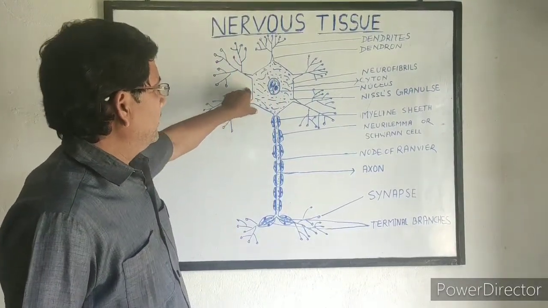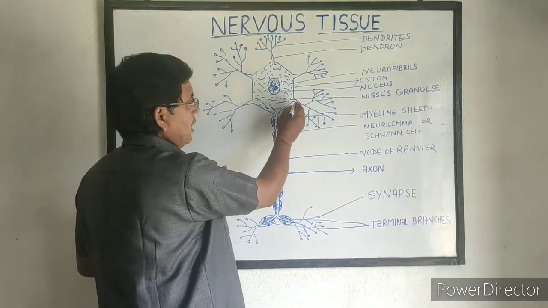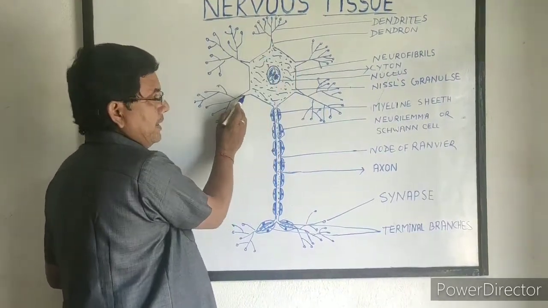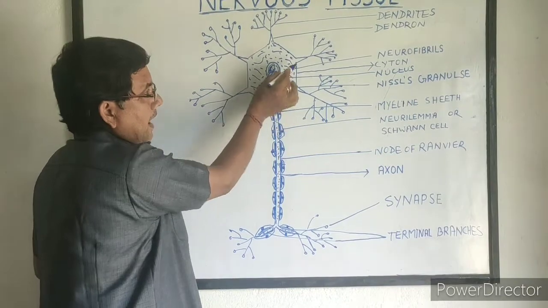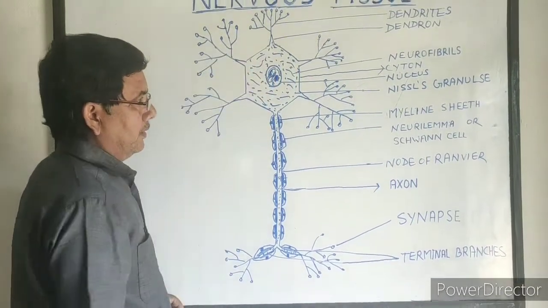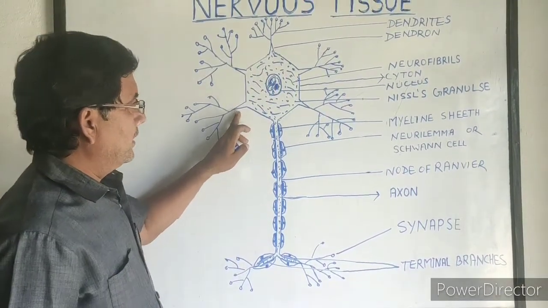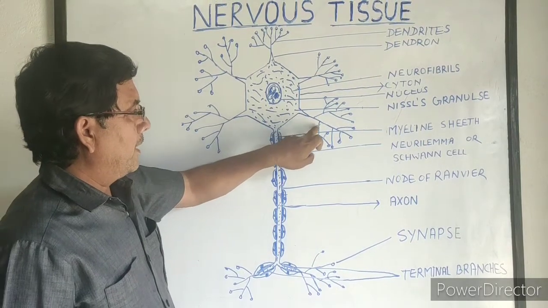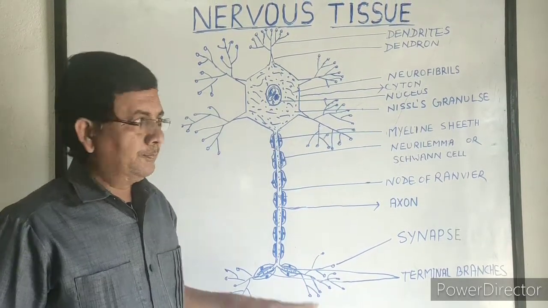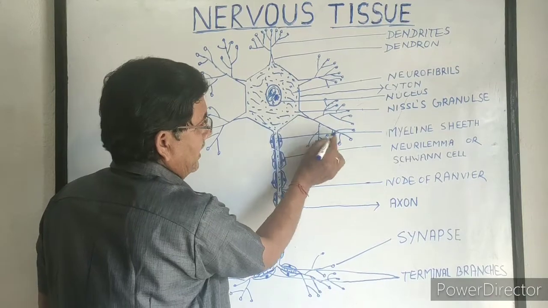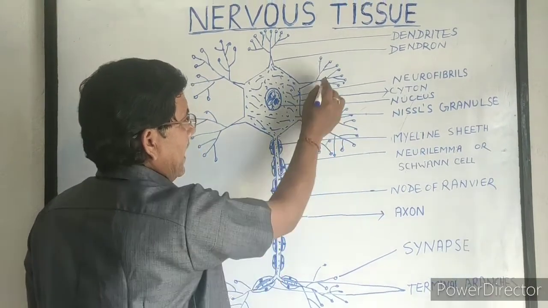From the cell body, numerous short processes arise. These short processes are called dendrons. From each dendron, a number of branching processes arise. These branches are called dendrites.